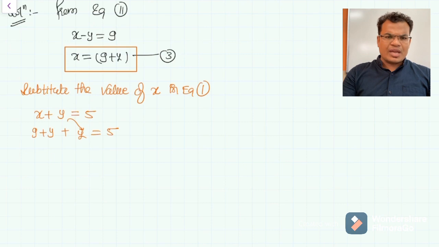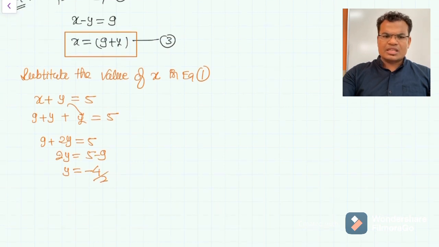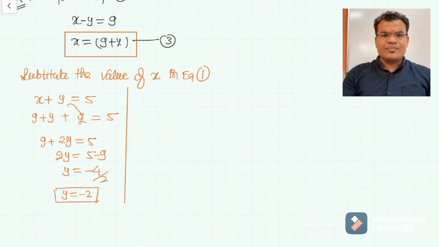After this we have 9 plus y plus y, which becomes 2y equal to 5. So 2y equals 5 minus 9. We are getting y equals minus 4 upon 2, that is minus 2. So y equals minus 2 is the first value of this variable.